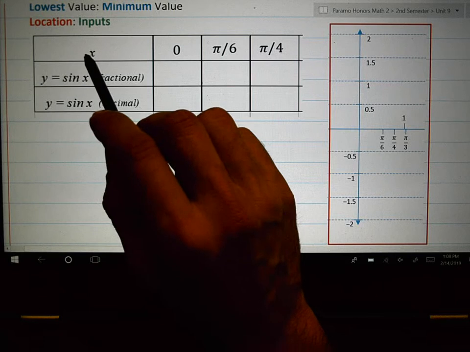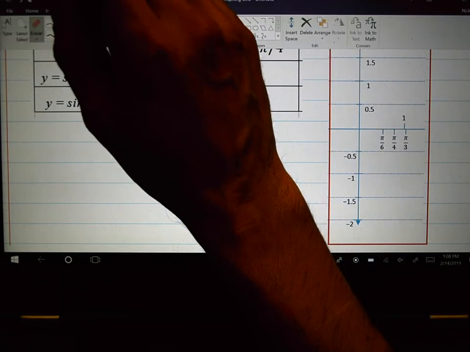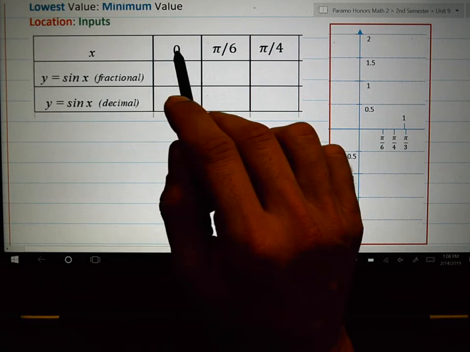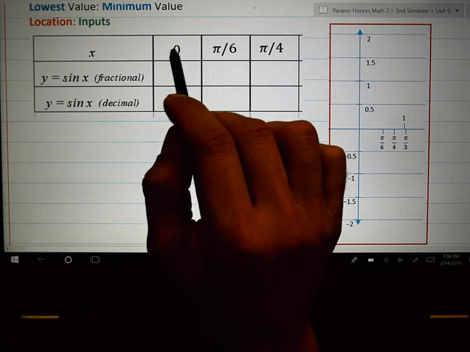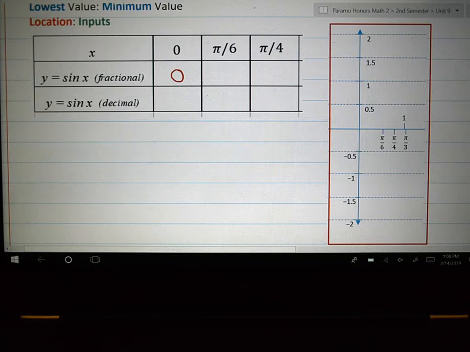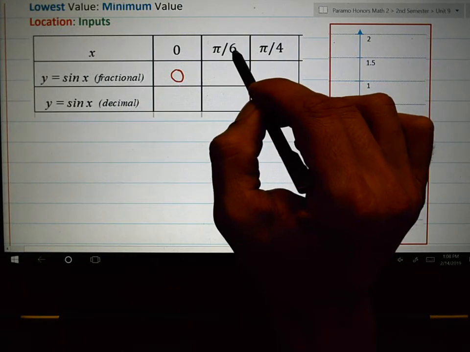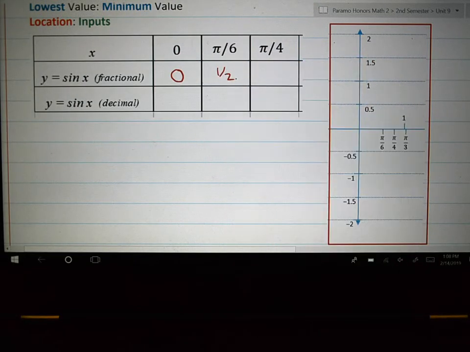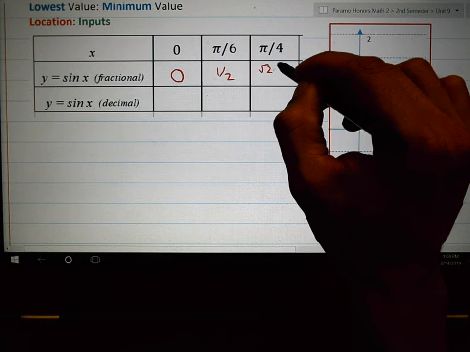If your angle was 0 radians, pi over 6 radians, or pi over 4 radians, the sine of 0 radians, if you remember, is this value. The sine of this as a fraction, if you remember, is this.